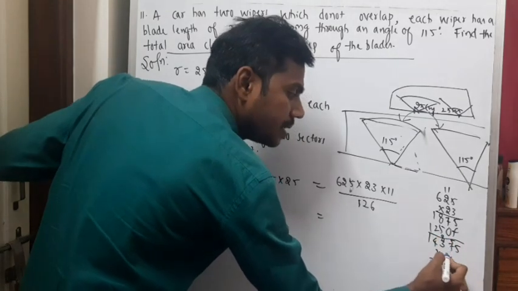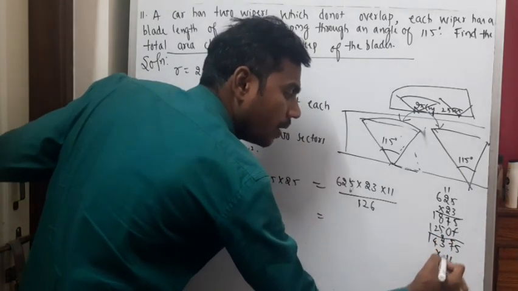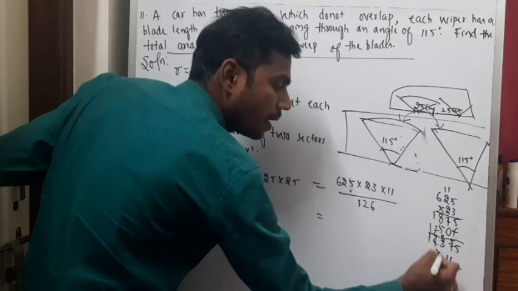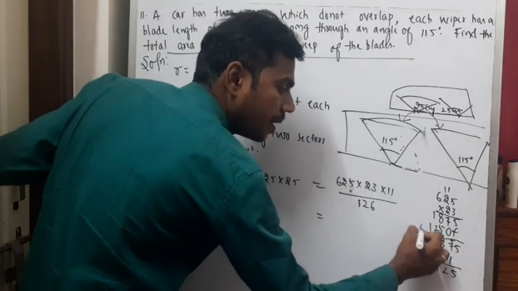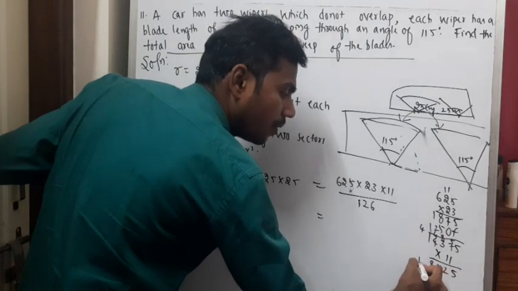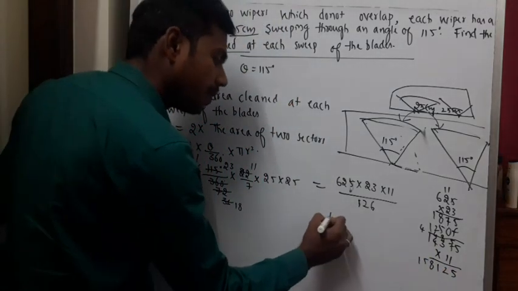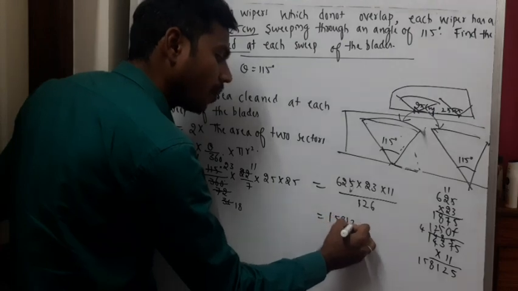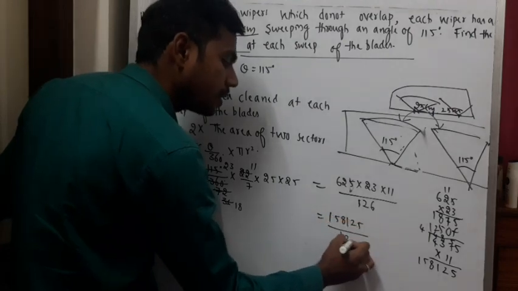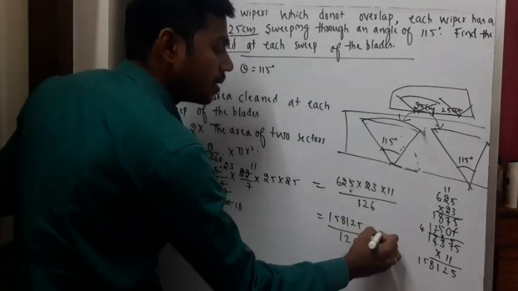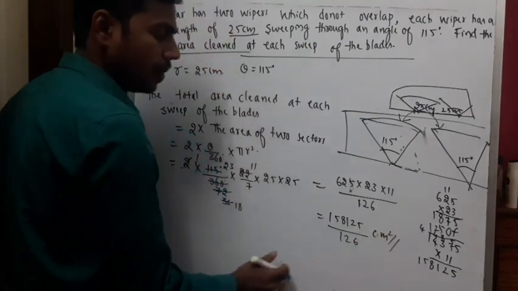Carry 8. 11 3s are 33 plus 8, 41. 11 4s are 44 plus 4, 48. 11 1s are 11 plus 4, 15. This is 1,58,125 divided by 126 centimeter square. This will be your answer.